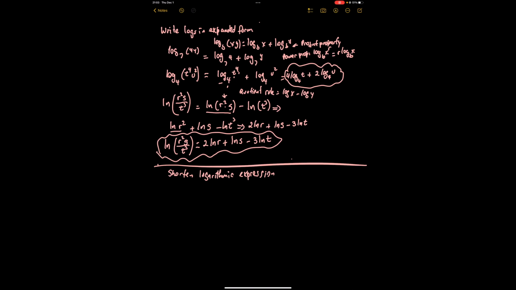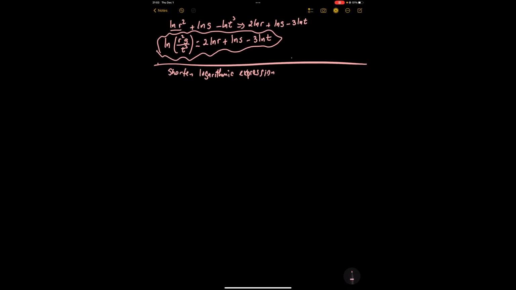Now, let's say we have log 7 t plus log 7 v squared. What would that be equal to, guys? Well, we already know, right? That's basically pretty easy.